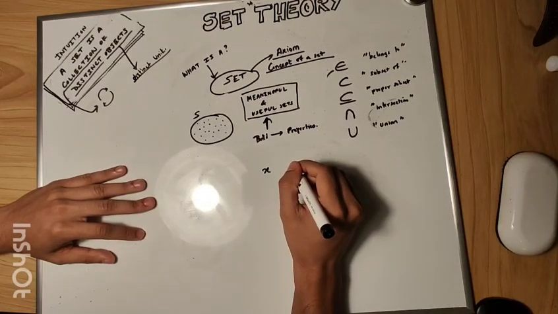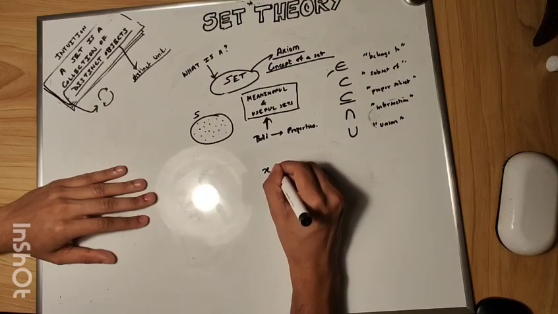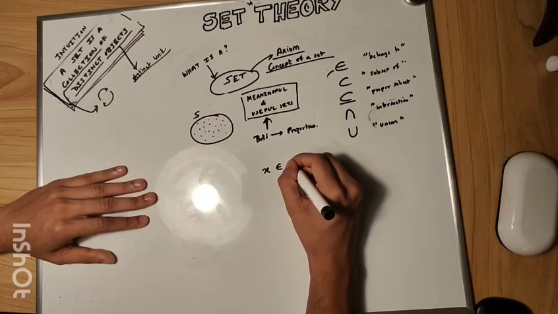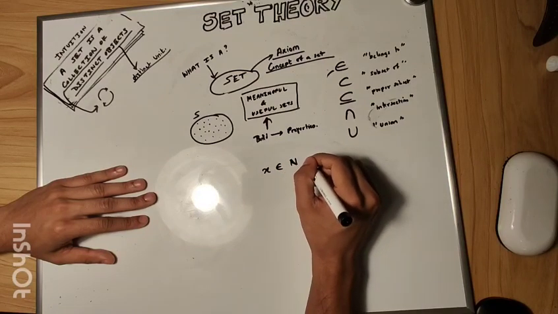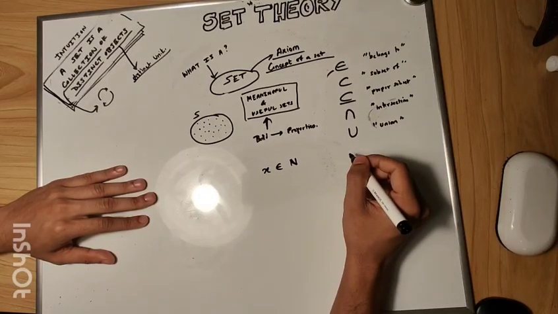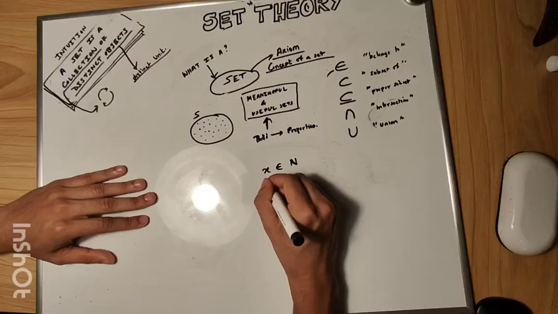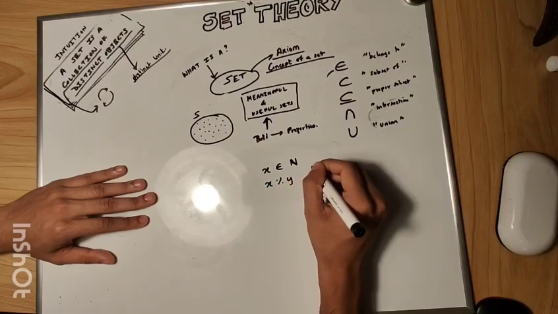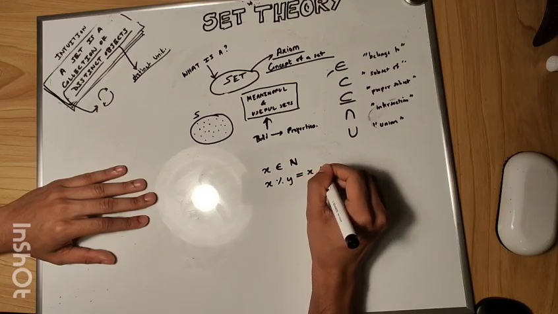So we have an element, and if x is prime, x has to be a natural number. So we say that x belongs to the natural number set. And then we have another property, right? So if we have x mod y, which basically means that after division by y, the remainder is equal to x.